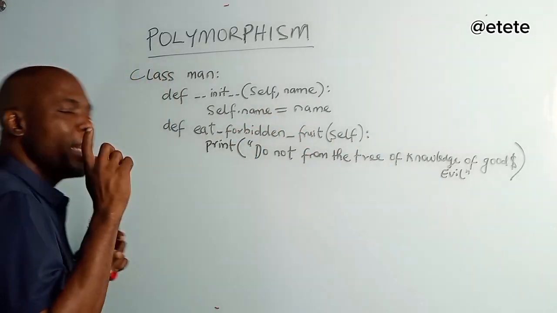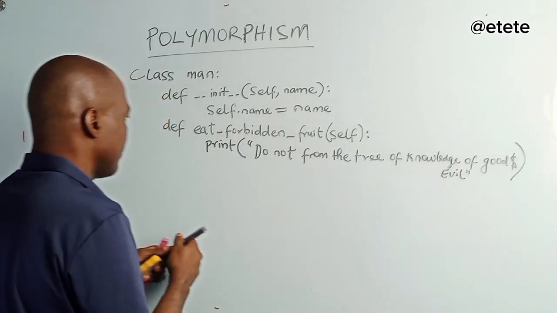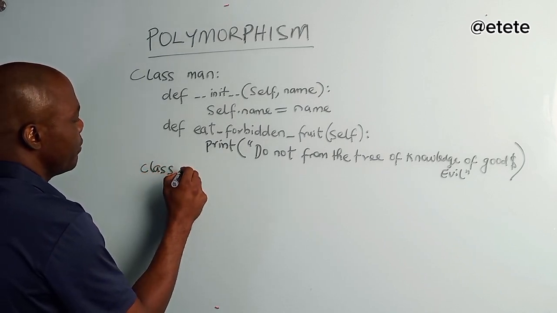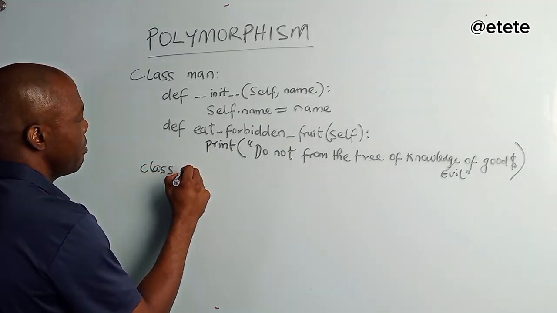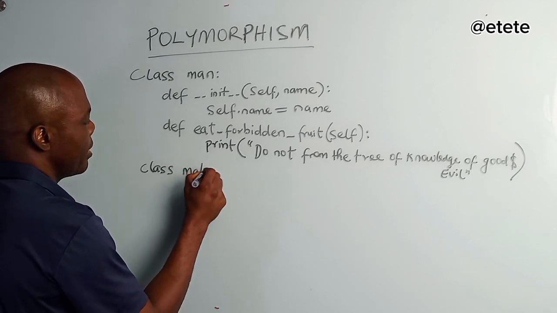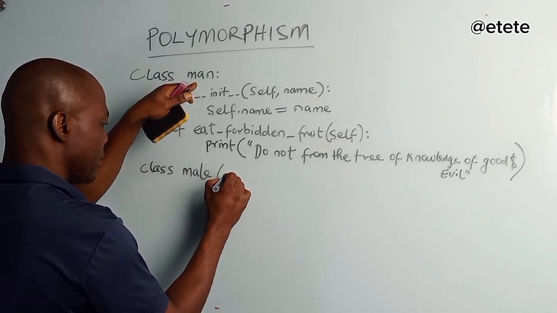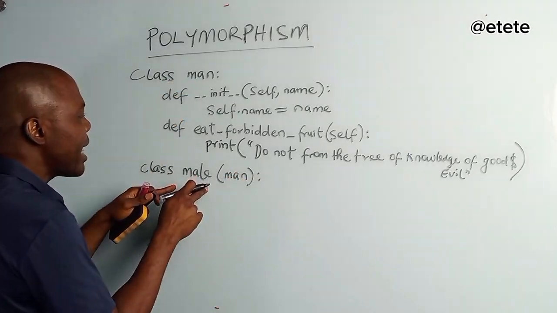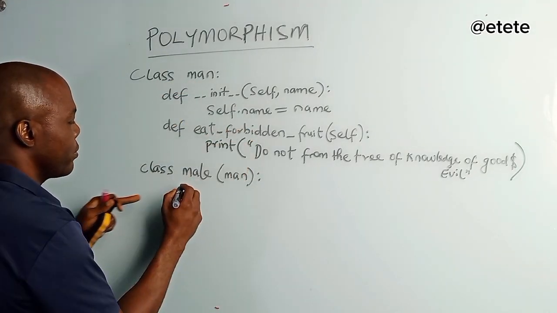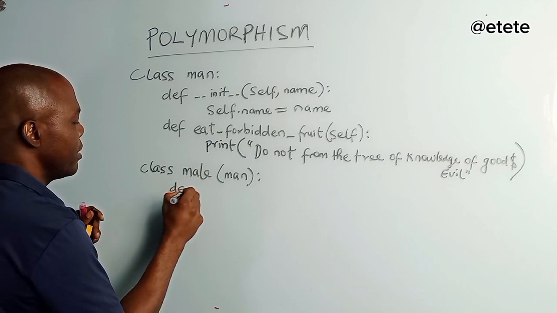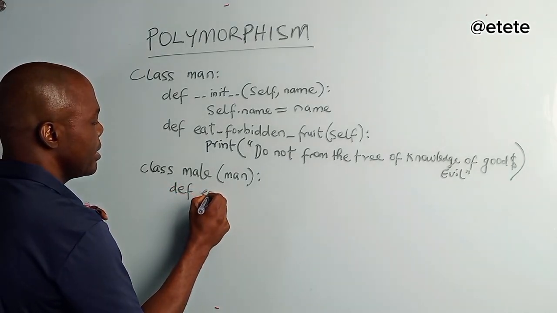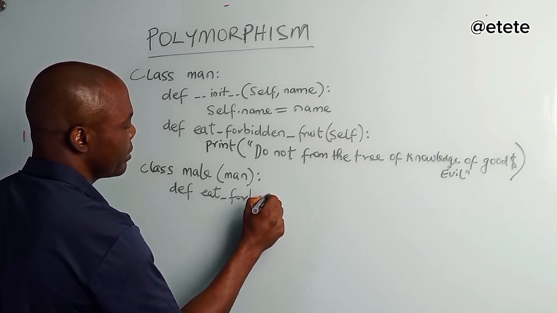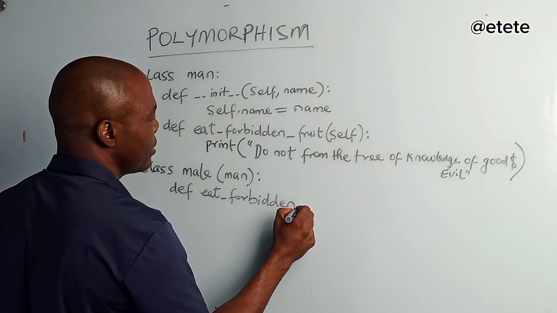That is the instruction. Now I'm going to define the child class. The first one is male, having this man as the parent. Inside this, I'm also going to put this eat forbidden fruit method. So I'm going to say def eat_forbidden_fruit.